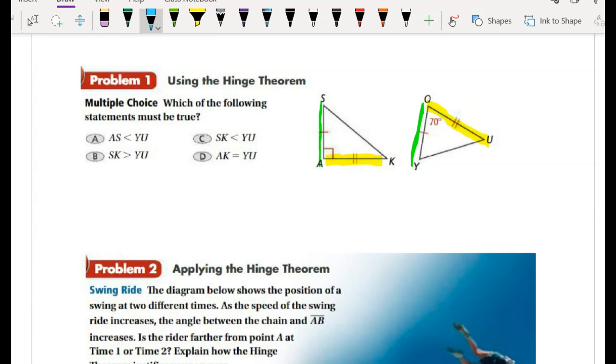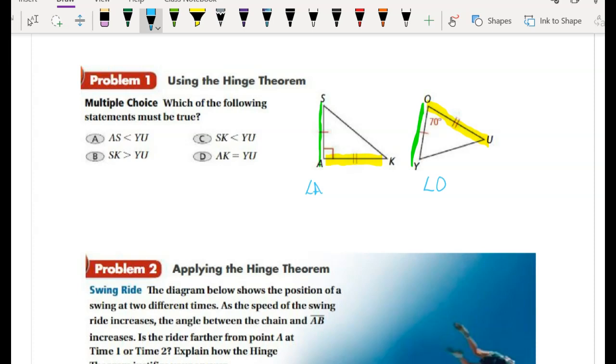Now what is our included angle? Well, in triangle SAK, our included angle is angle A. And what about in triangle OUY? Our included angle is angle O.